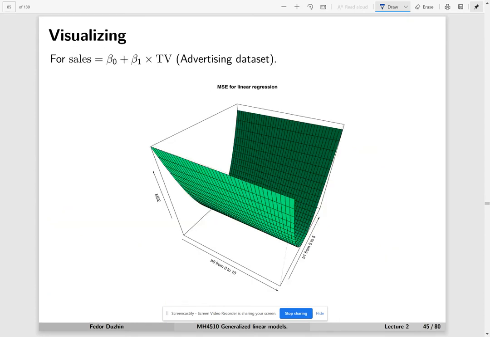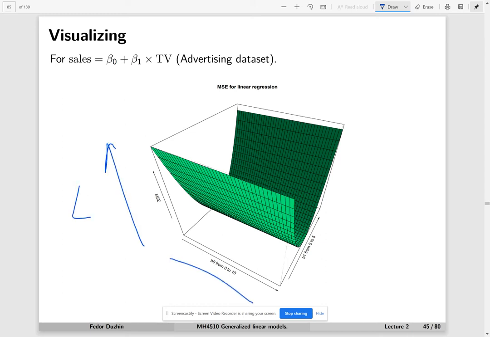But now let us just see what the loss function looks like, right? So this is our advertising data set. We have 3 axes. Our vertical axis is our loss function, mean squared error.